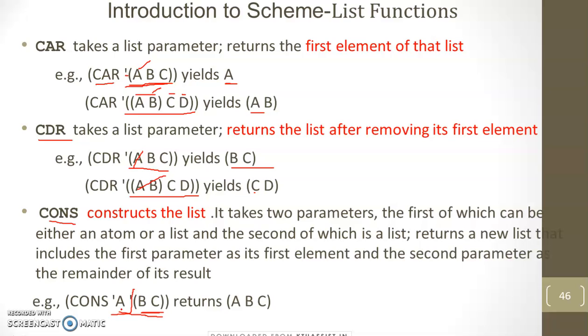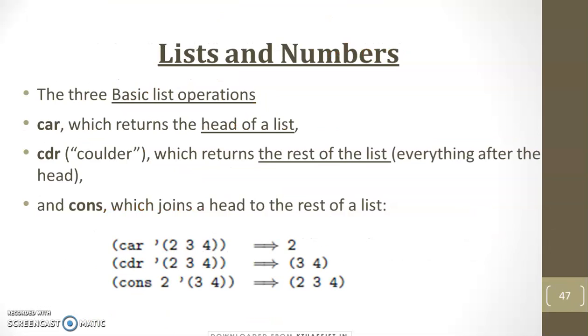The second parameter will always be a list. If this construct is used, it returns a single list in which the first and second parameters are combined. So it returns a new list which includes the first parameter as the first element and the second parameter as the remainder of the list.